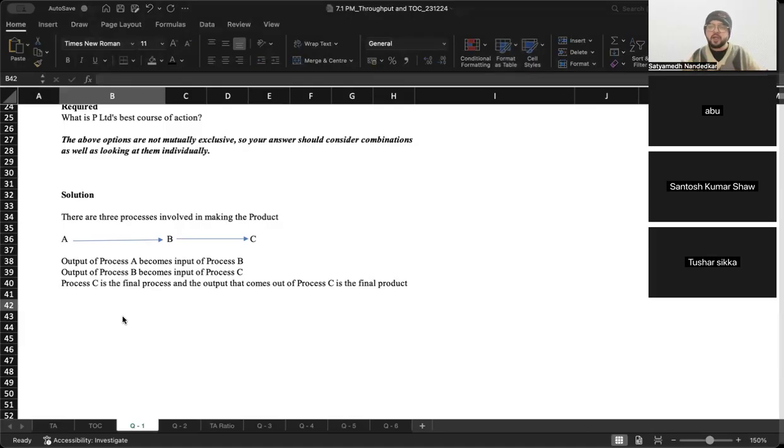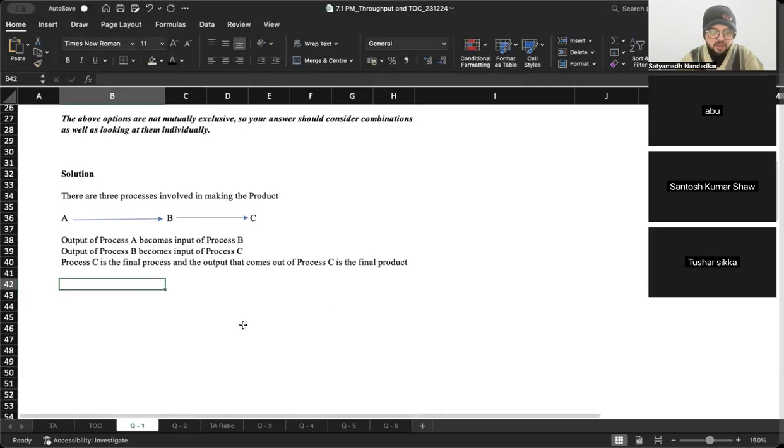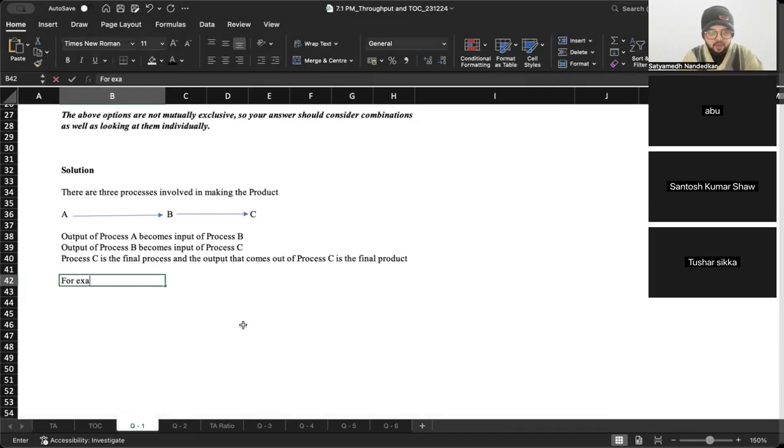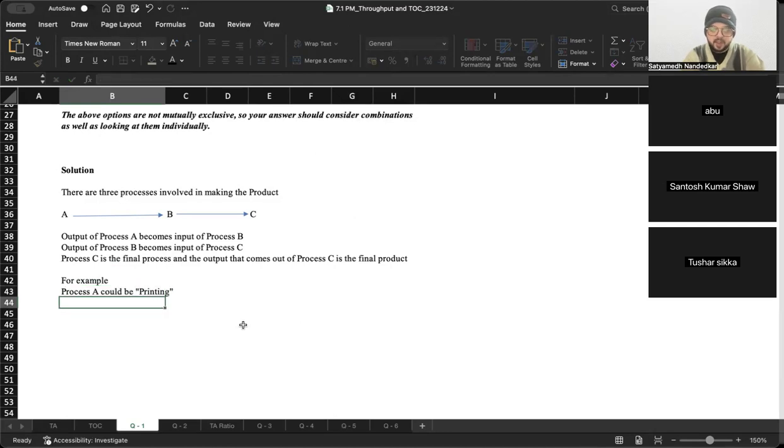Now, what kind of processes could these be? Say you are thinking about a printing press. In a printing press, process A could be printing, B could be binding, C could be packing and dispatch. Binding happens after printing.